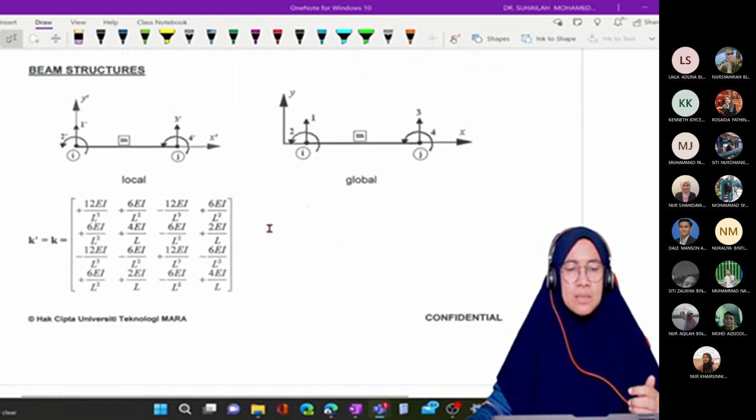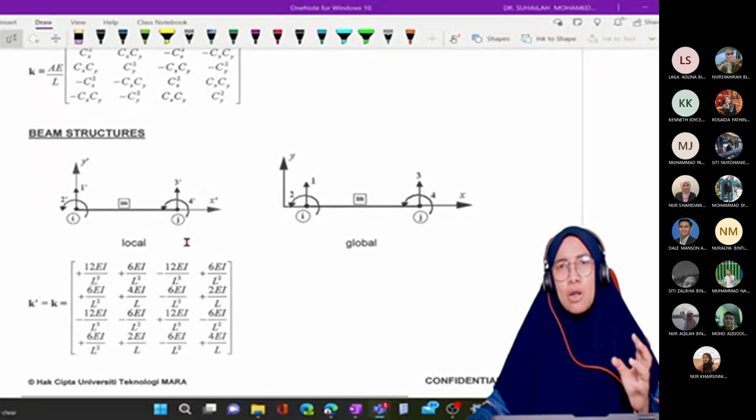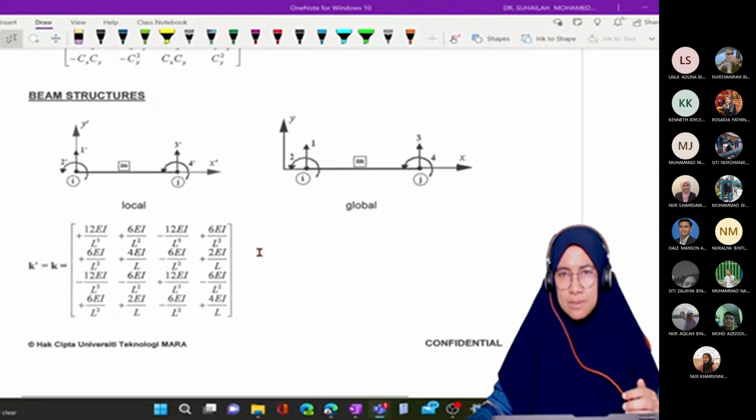In beam analysis, there is no need for us to calculate Cx and Cy, because the formula to calculate element stiffness matrix in beam depends only on the length of the member. That is why in beam we don't need to label the coordinate, and beam has the same local and global coordinate system.